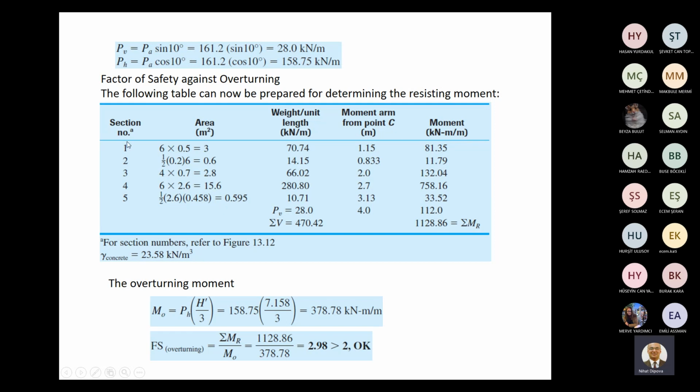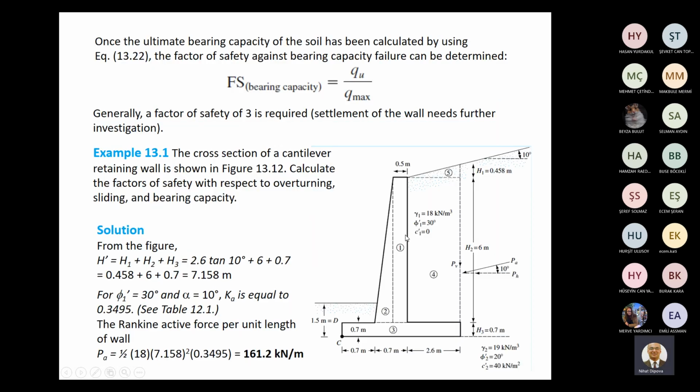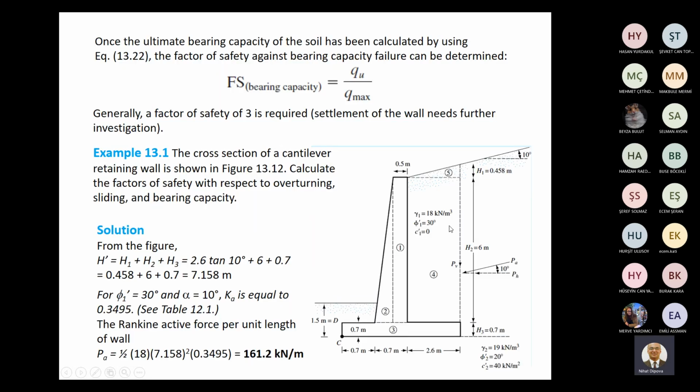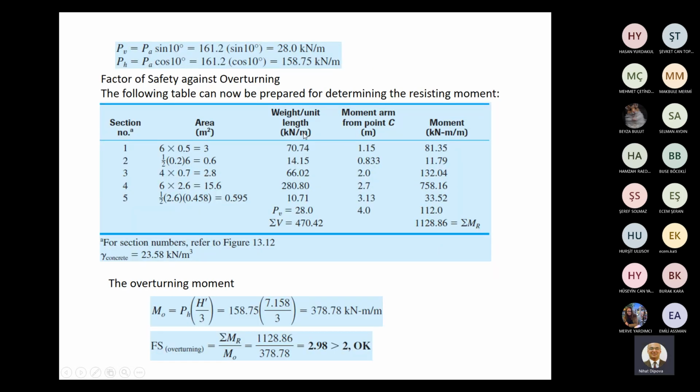For example, for section number 1, this rectangle. 0.5 multiplied by 6. Area is 3. Multiplying with unit weight 18, the weight will be 70.74.